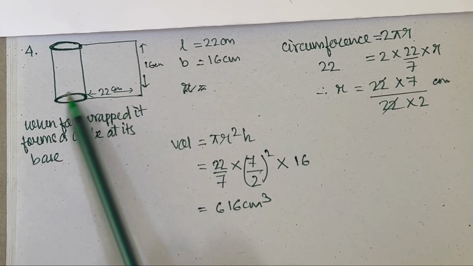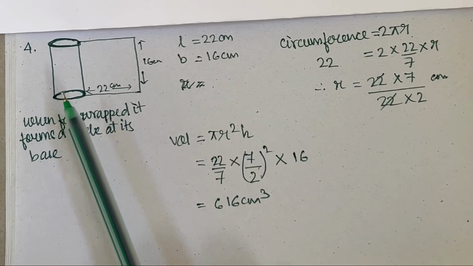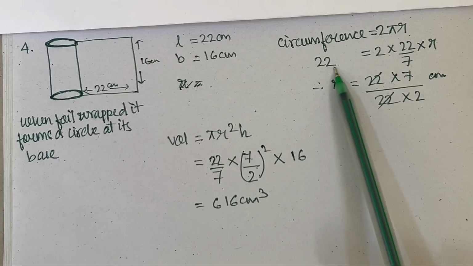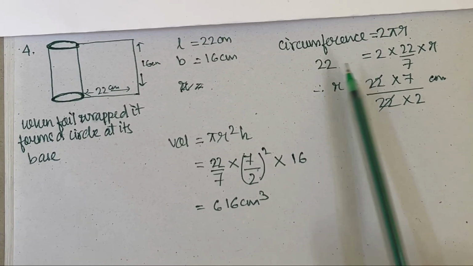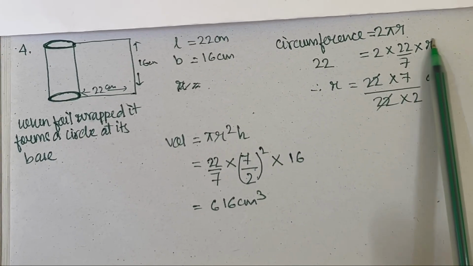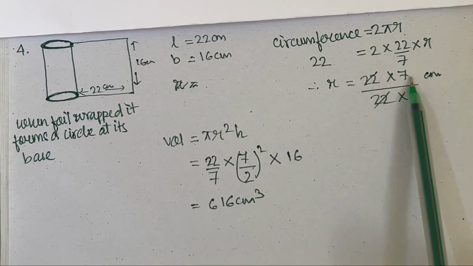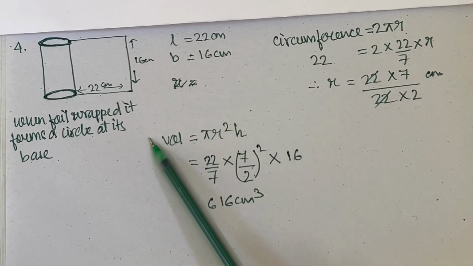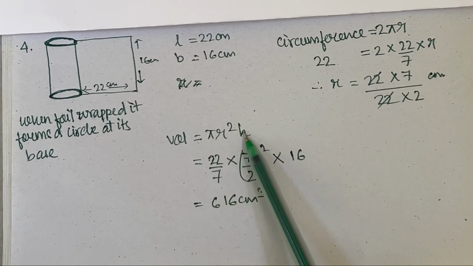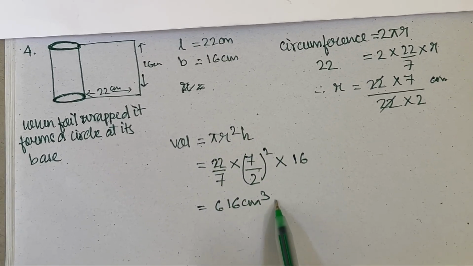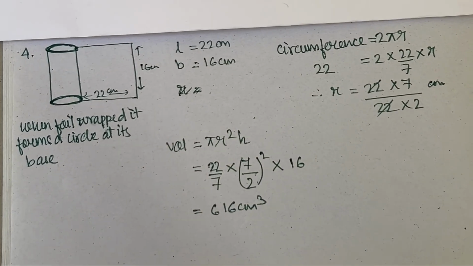So from that we know the circumference of a circle, that is 2 pi r. So circumference is given as 22 and we need to find the value of r. So we substitute and get the value as 7 by 2. Now for volume of a cylinder, we know pi r square h. So we are just putting the formula and getting 616 centimeter cube.